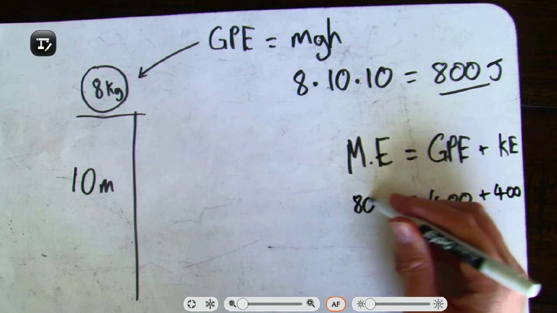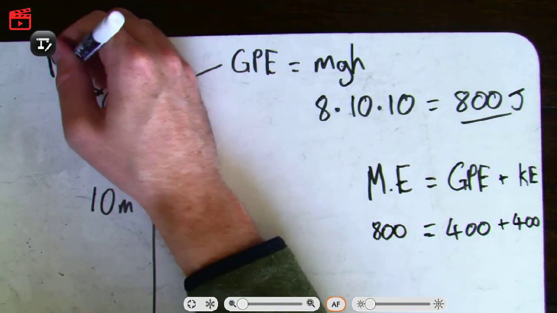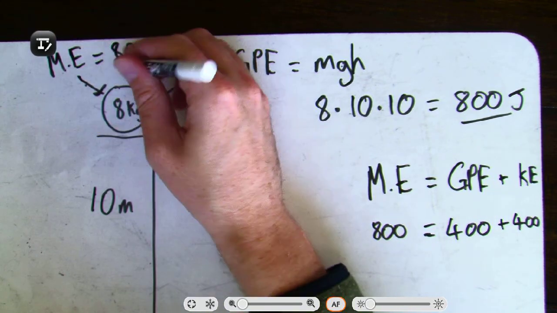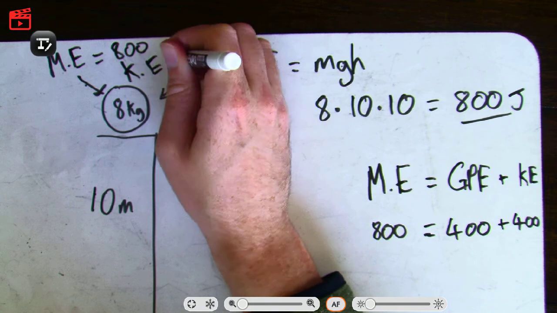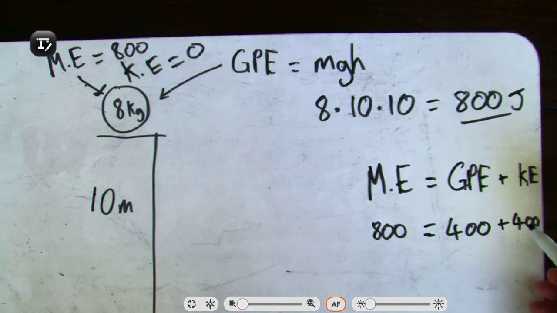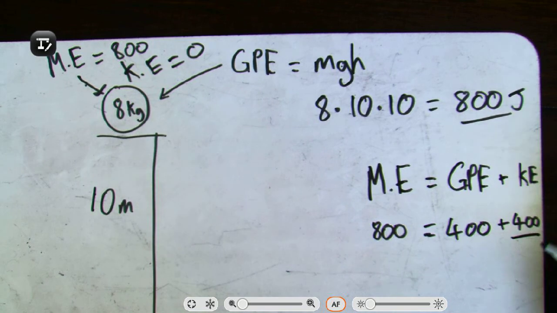At the top here, the mechanical energy equals 800. The rock is not moving, it's not going towards the ground. It has 0 kinetic energy. The only energy there is gravitational potential energy. So halfway down, half of that 800 turns into kinetic energy. It has 400 joules of kinetic energy halfway down.